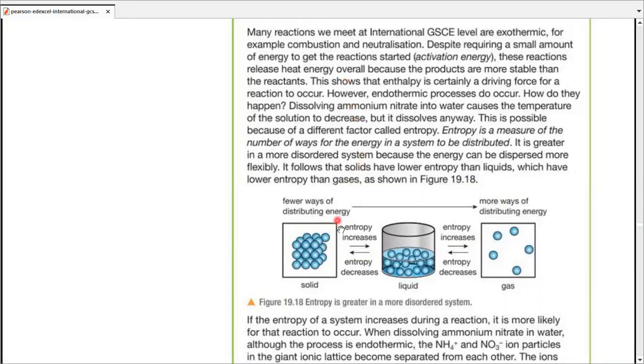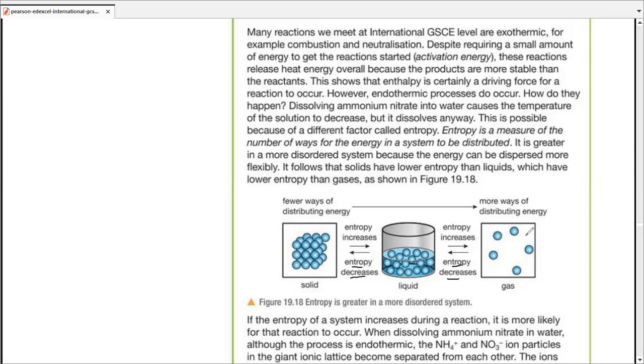So I was saying that in solids, we have very few ways of distributing energy since they are so closely packed. And we have a lot more ways to distribute energy in gases, which means the entropy increases from solids to liquids and from liquids to gases, and vice versa, from gases to liquid, the entropy decreases, and from liquids to solid, it decreases again.